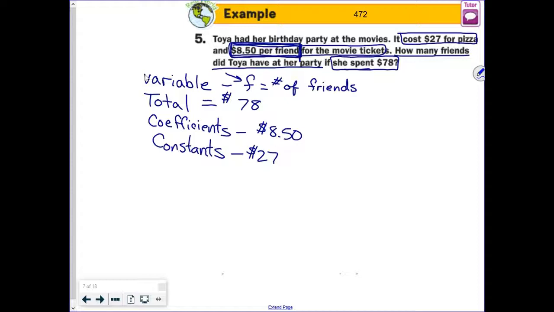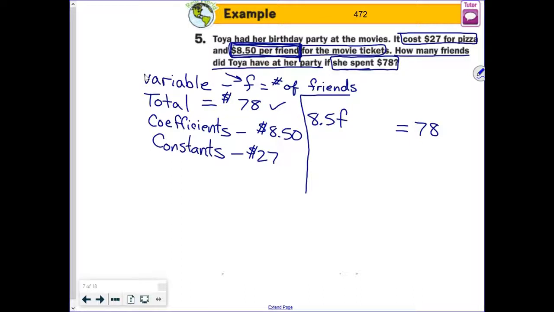So when we write our equation, we're going to put our total $78 on one side of the equation. We know that the coefficient $8.50 will be multiplied by our variable f. And I'm going to just remove the 0 so it is not in there to confuse things because we really don't need it at this point. And then we have our constant. Now, we are totaling up the cost for this.